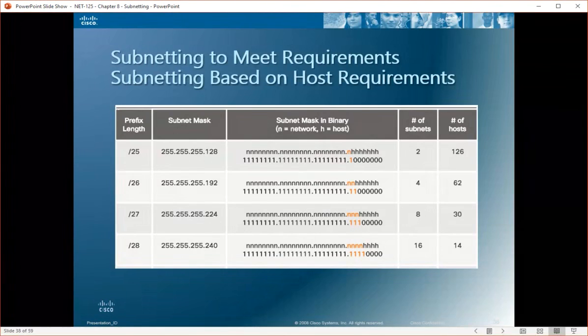So again, just looking at our table, if we have a /25, we know that we have 2 subnets and we have 126 hosts each. So maybe we have a situation where we don't necessarily need a large number of hosts for each section, but we need to be able to apply group policy or other management structures very easily.